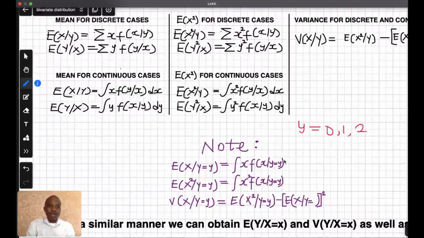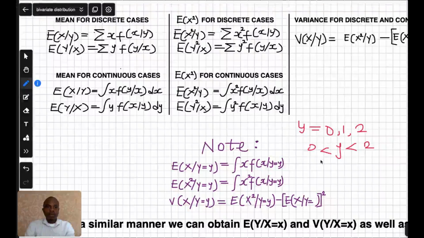So we may have something like y equal to, say, 0 here. In the discrete case, y can take, for instance, 0 less than y less than 2, maybe. Y can also pick any value from here. So that's what we are trying to talk about.